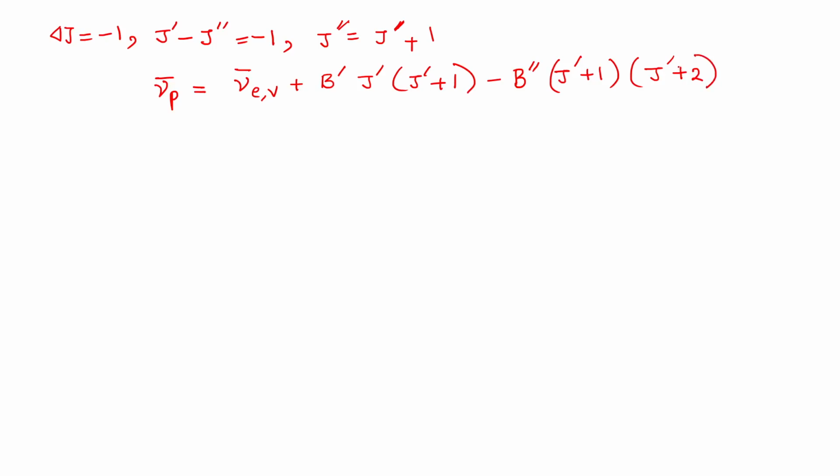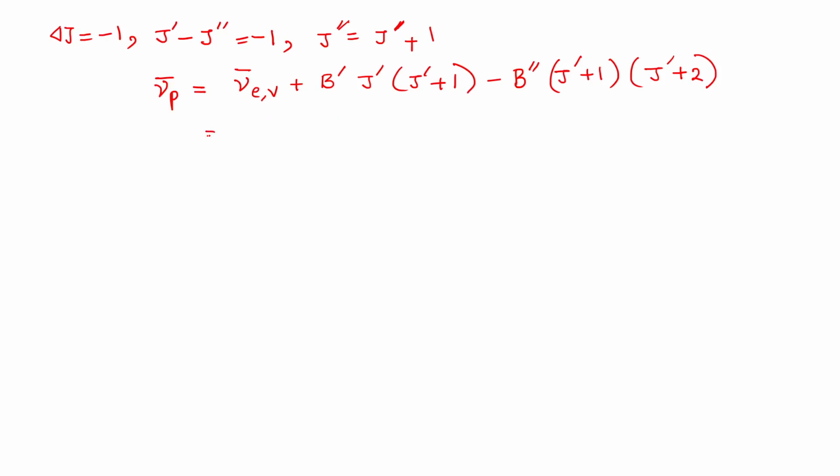Am I writing it correctly? J double dash plus 1. So j dash and j dash plus 1, j double dash plus 1. J double dash is j dash plus 1.